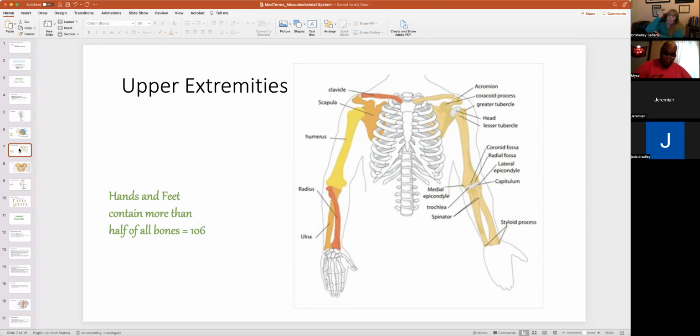So in your upper extremities, it's your elbow, and in your lower extremities, it's your knee. And then you have two bones in the lower portion, in this case in the upper extremities between the elbow and your wrist, and in your lower extremities between your knee and your ankle. So you see how that is similar. It can help you remember one bone, two bones.